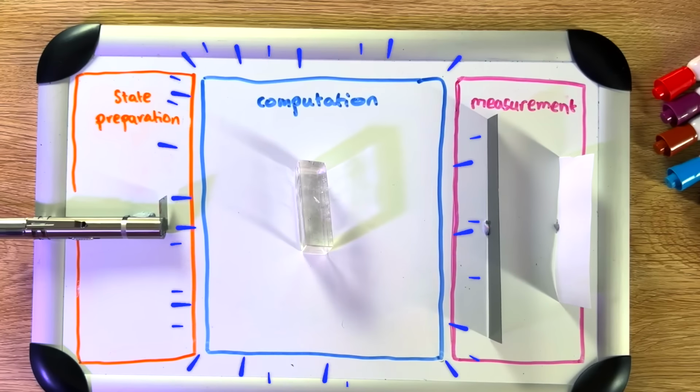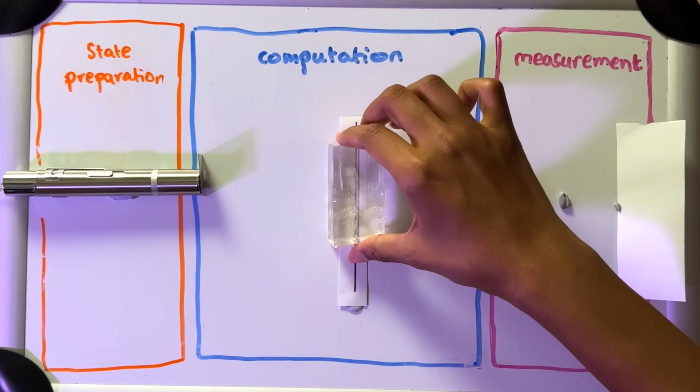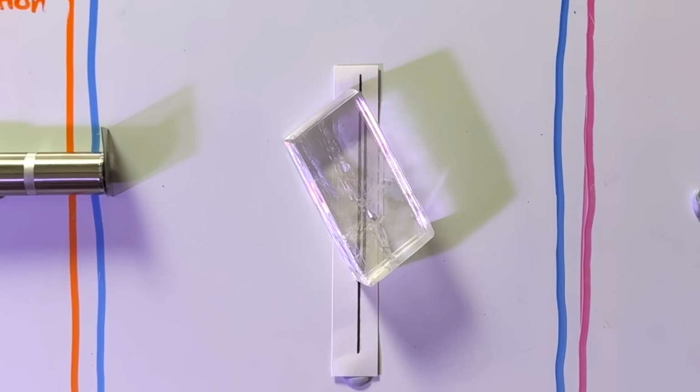It's finally time to understand the computation section and what exactly this calcite is doing. So check this out. You can see that this calcite splits this line into two lines, one to the left and one to the right. But what's really interesting about how the calcite does it is that it splits the light according to its polarization.